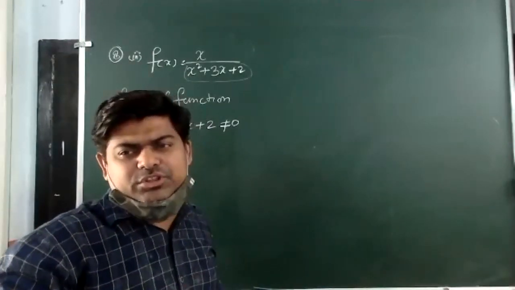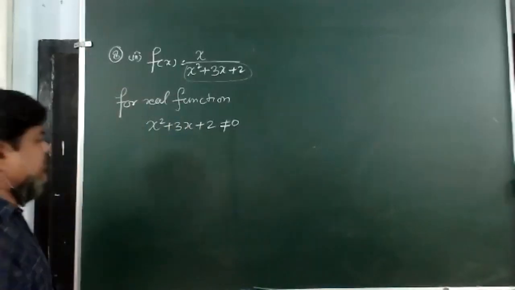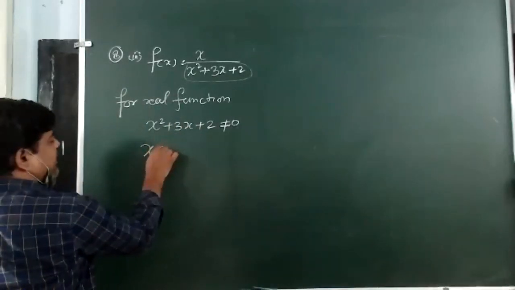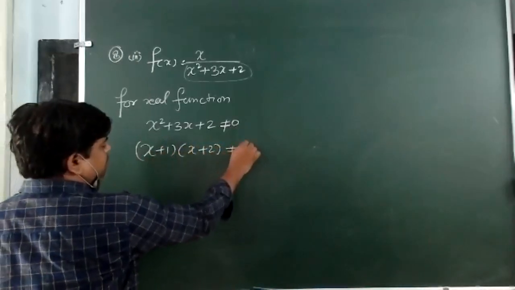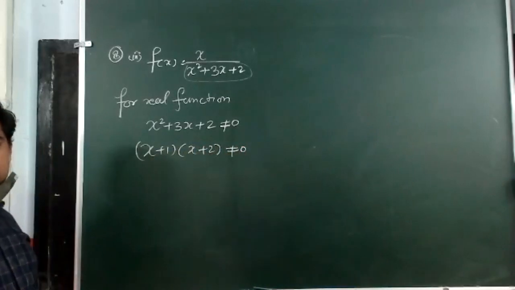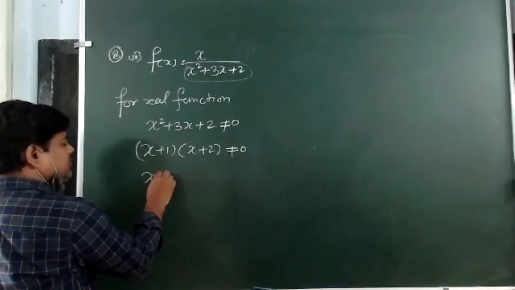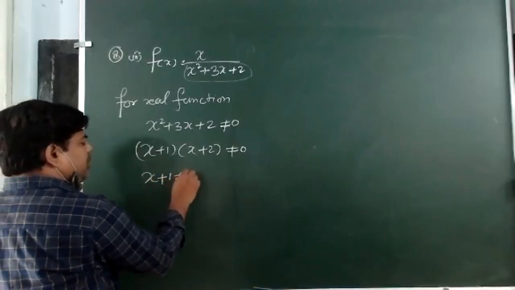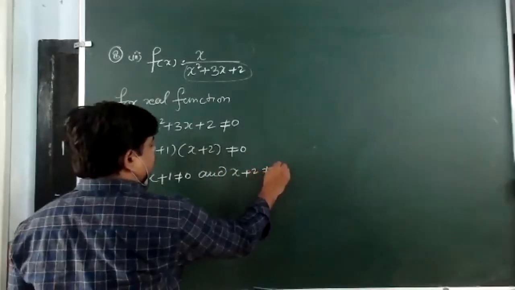If it is equal to 0, then definitely I'll get f(x) that is undefined. Now we will simplify, and I'll get (x plus 1) into (x plus 2), which should not be equal to 0. Am I correct? It means what? x plus 1 should not be equal to 0 and x plus 2 should not be equal to 0.